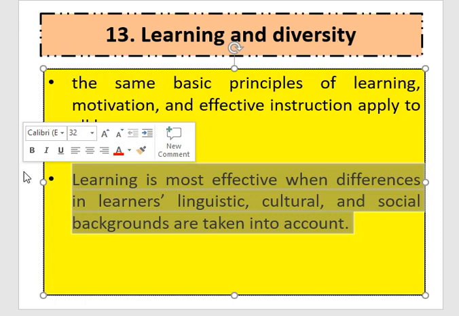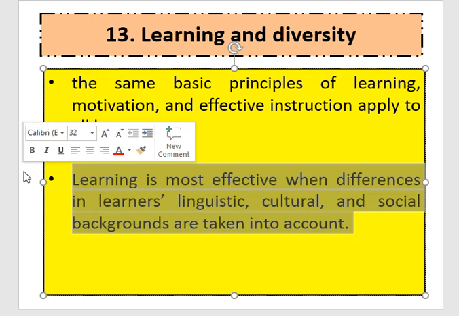Do not assume that your students are all equal. So, for example, may task ka. Do not assume na everybody will finish it. Do not assume that everybody will understand it. Kasi nga, probably your task is only for this group of students. Probably your task is not effective for the other group of students.